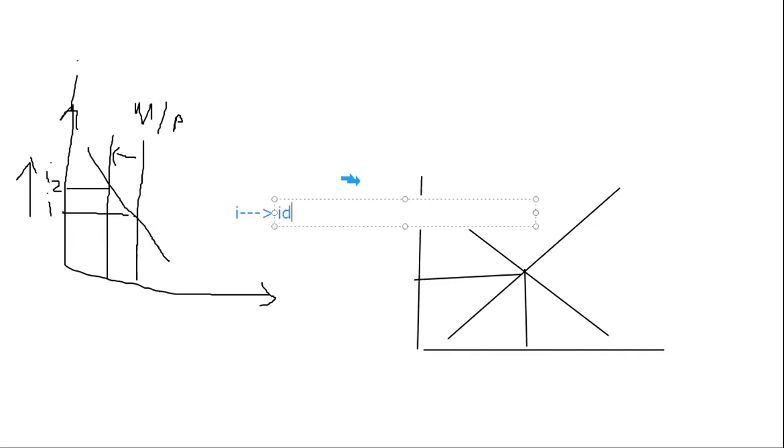Now the domestic interest rate is higher than the foreign interest rate, right? Because our interest rate here increased. As the uncovered interest parity theory suggests, if this is the scenario, we should be expecting a capital inflow, right?